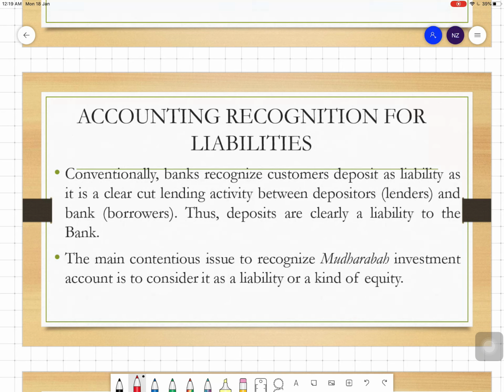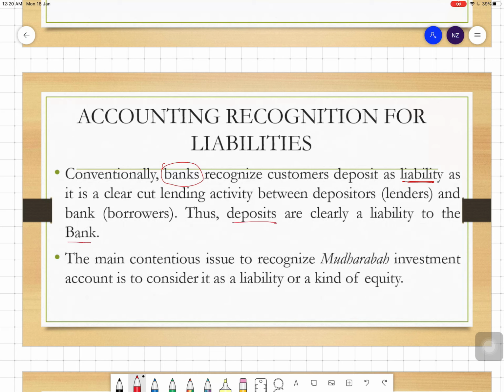And conventionally, banks recognize customer deposit as liability. Okay, the banks recognize customers' deposit as liability as it is a clear-cut lending activity between depositors and bank. Thus, deposits are clearly a liability to the banks.